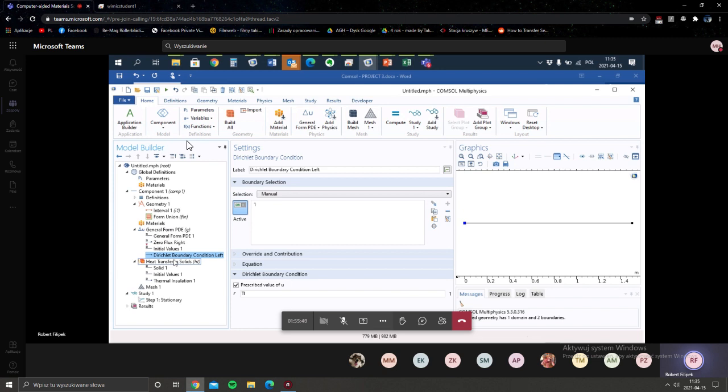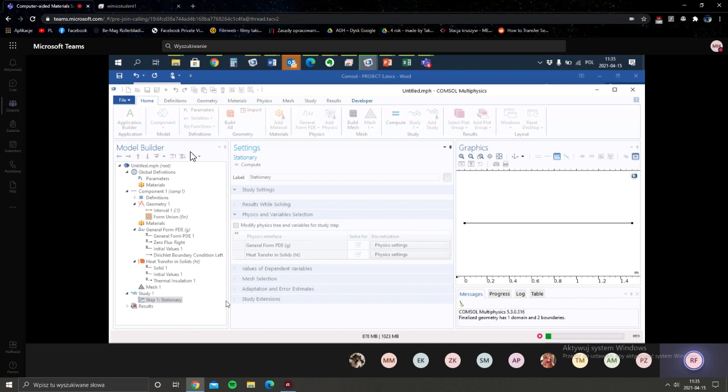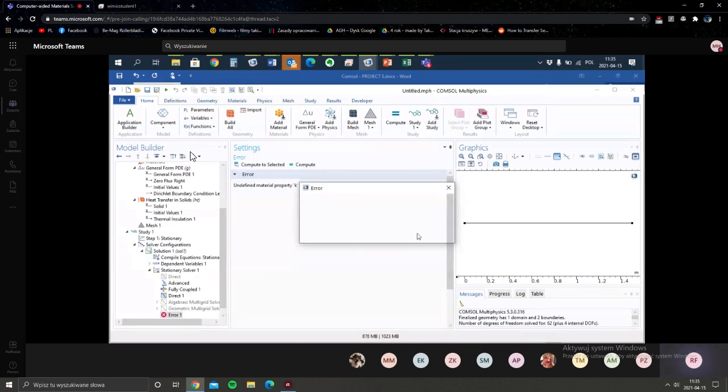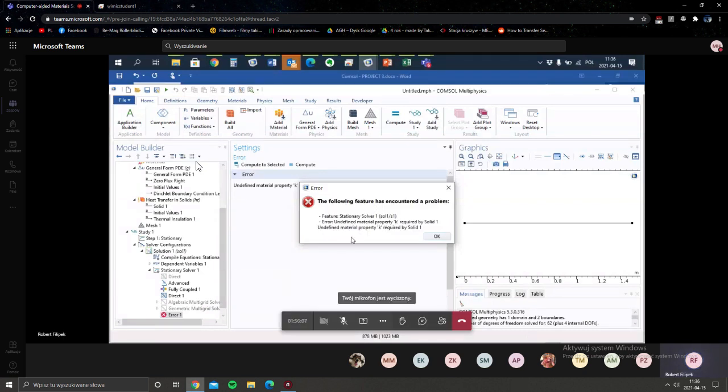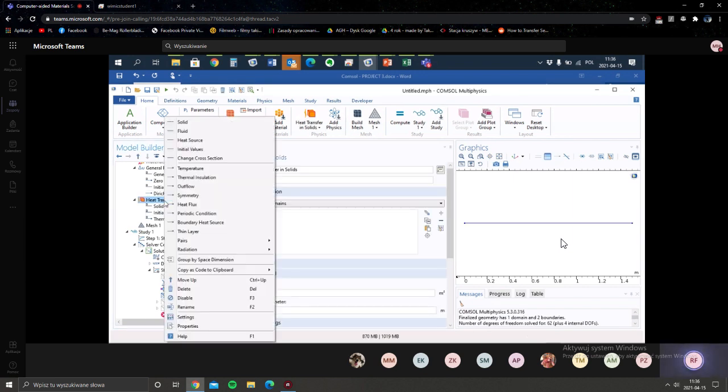So we are almost ready with this first one. So let's go back to stationary. What's wrong? In solid, yes, because this interface is not, I will make it disable.